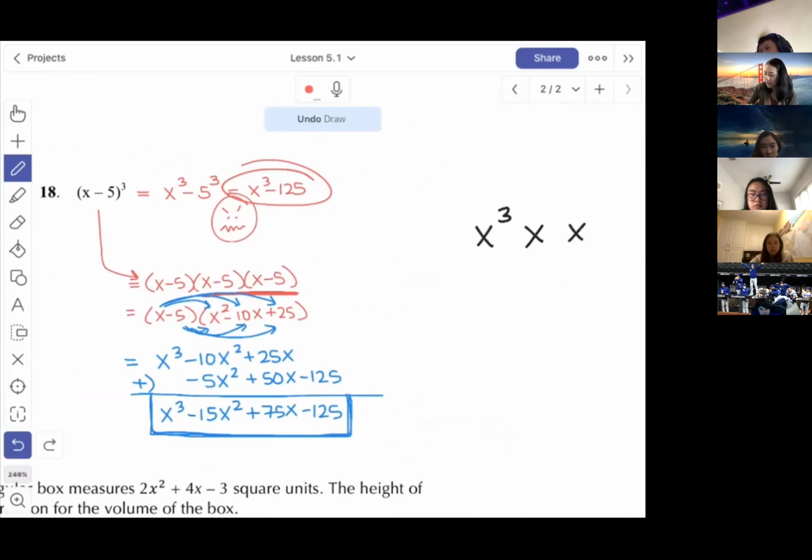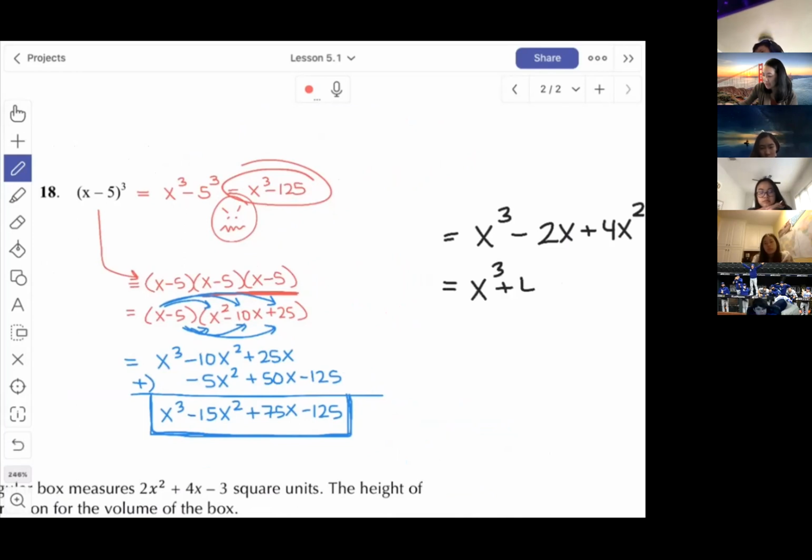Yes, if you have x to the third, let's say minus 2x plus 4x squared, you do want to put that in order from highest exponent to lowest exponent. Is that even possible? Most of these problems end up being in order by themselves. I would say yes, it is possible, but for the most part it ends up being in order nicely. It's a good question.